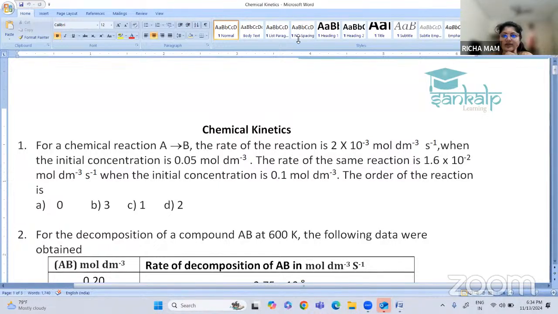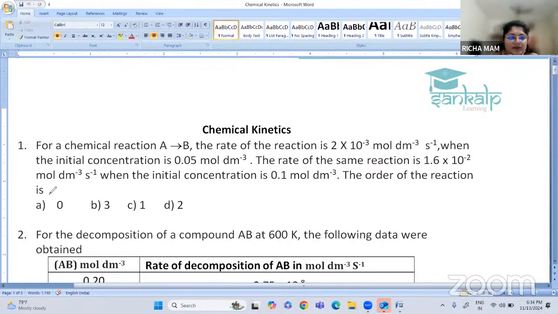Okay. So already we have discussed all the theory part in our ACE classes. The students who have not watched those videos can watch them. There we have explained in detail about chemical kinetics, various concepts, various definitions, order of reaction, molecularity of reaction, rate of reaction, right?